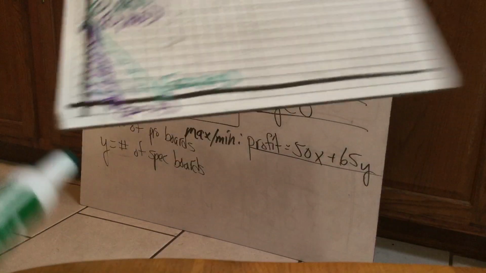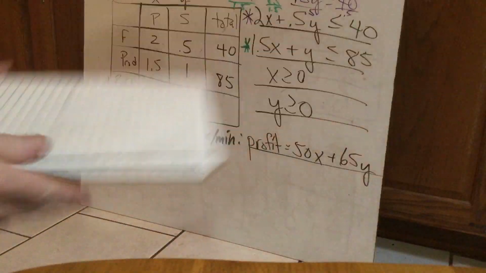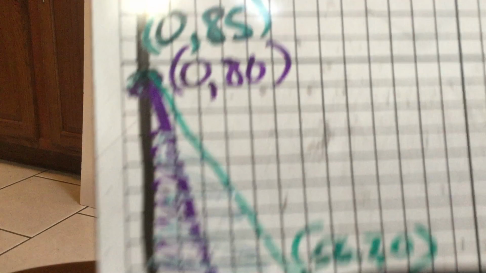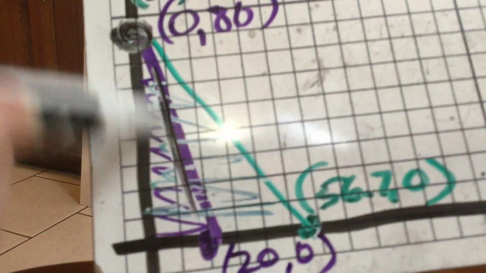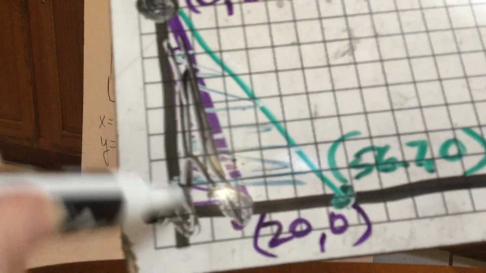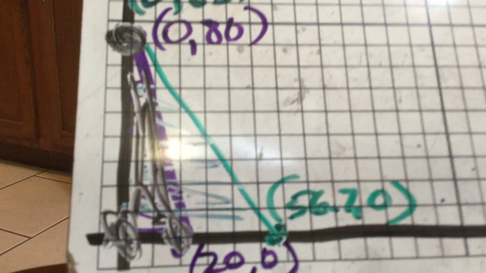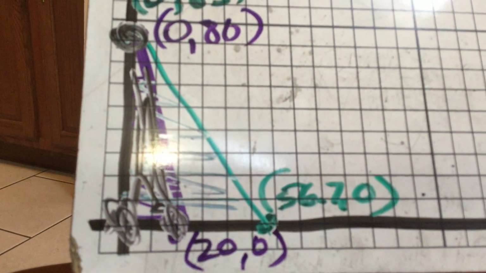Right? So my corner pieces are just the corners of the purple because that's the overlapped part. The purple triangle is the overlapped part. So instead of having 4 points this time, I only have 3.